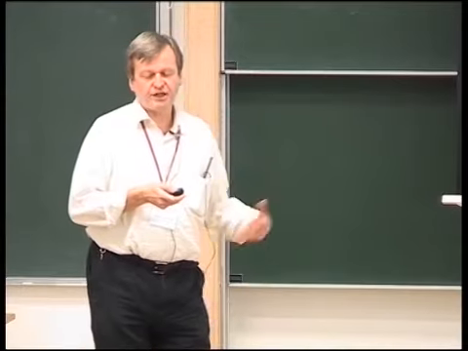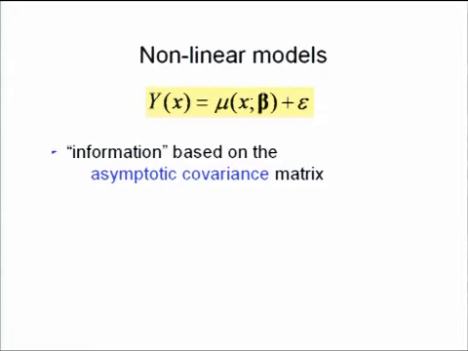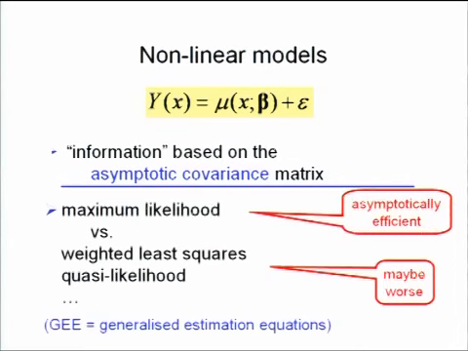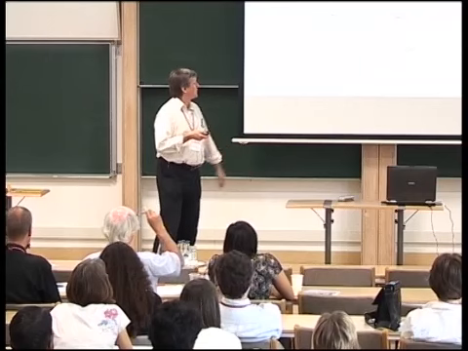This will be asymptotically efficient, and we have some theory about that, but this estimate is not always feasible. So there are alternatives like weighted least squares, quasi-likelihood, or generally speaking, generalized estimation equations, which might result in different asymptotic covariance matrices, various different design criteria and hence different optimal designs. So the design in nonlinear cases usually has been tailor-made for the estimation procedure which is chosen.